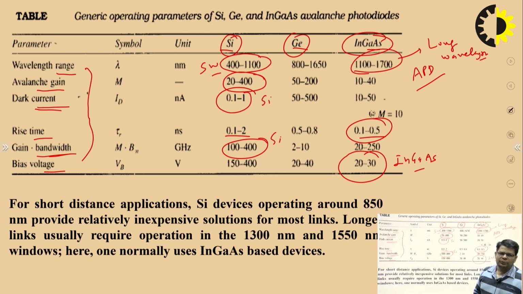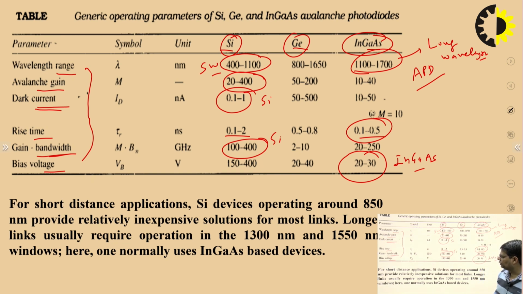Now the optical communication is highly wavelength dependent, because we have seen that the attenuation is maximum at shorter wavelength region and it is minimum at longer wavelength region, let's say window 3 at around 1550 nanometer. So optical communication is highly wavelength dependent.